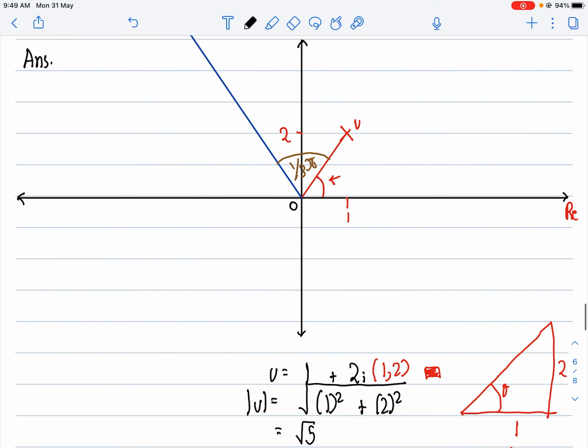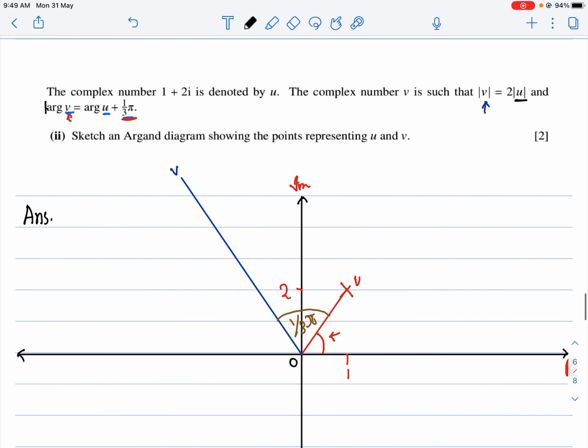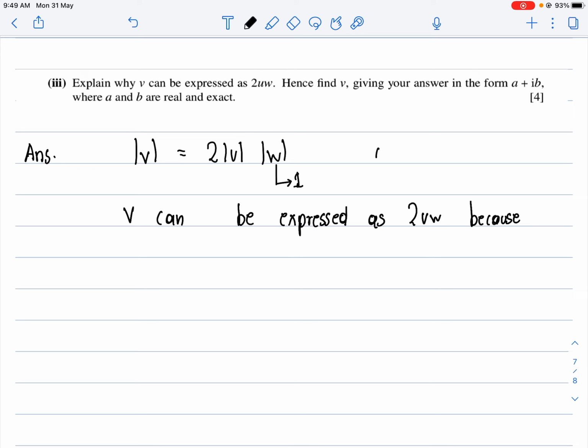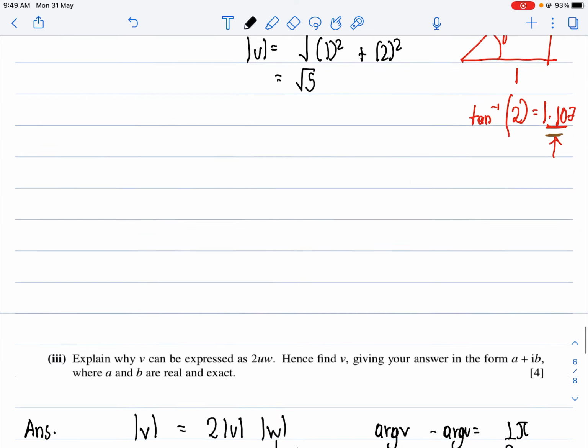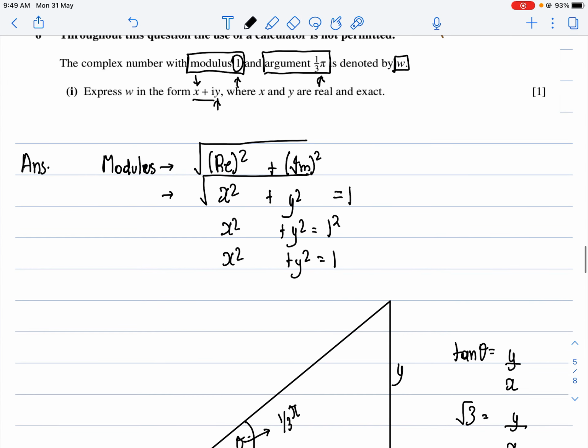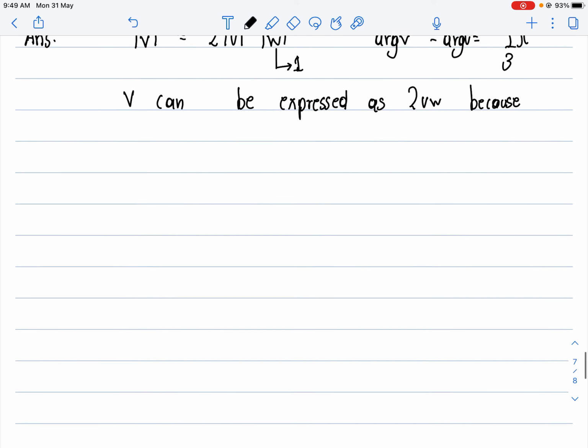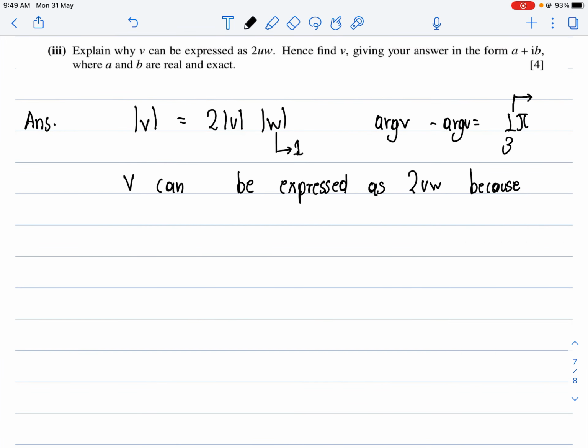Here I know the argument of v equals the argument of u plus 1 over 3 pi. So I can simply say the argument of v minus the argument of u equals 1 over 3 pi. Now if you see, my 1 over 3 pi is the argument of w. So I can simply say this here is the argument of w.